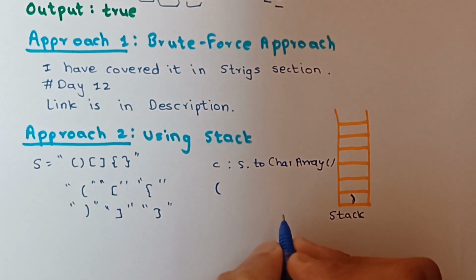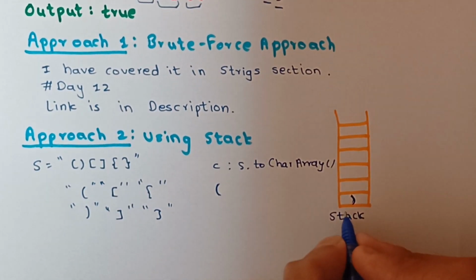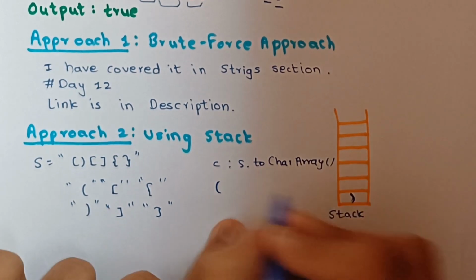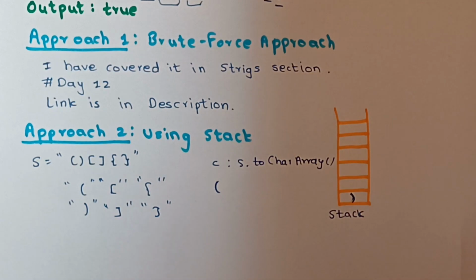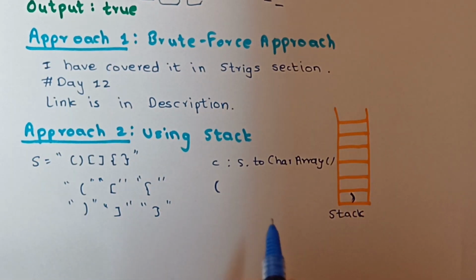At the end, in the else-if, if the stack is empty or the popped element is not equal to c, then we have to return false.